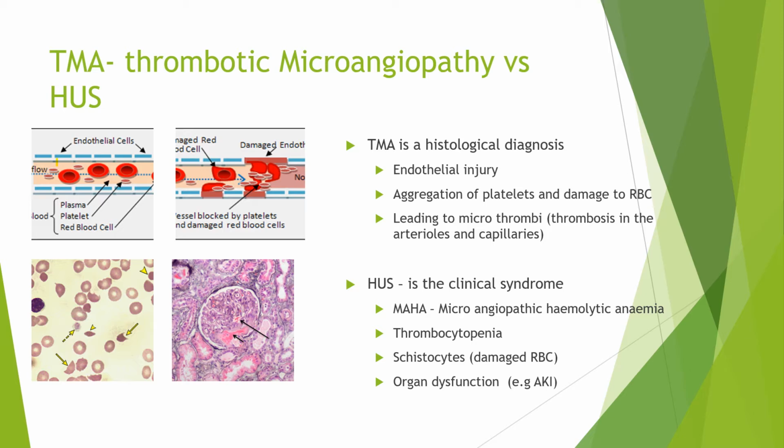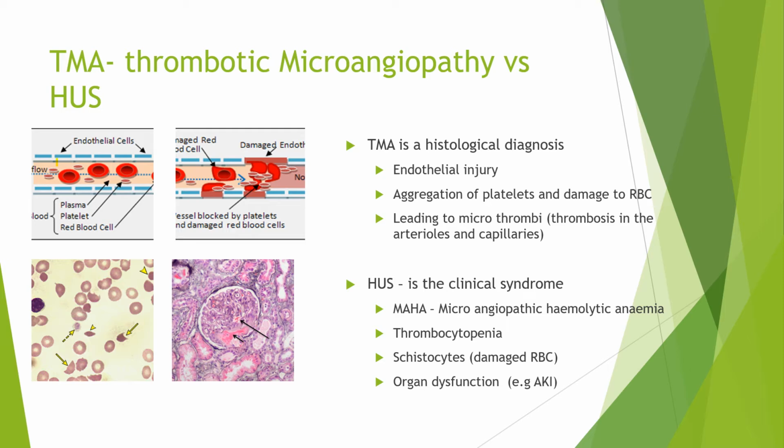On your right-hand side top, you can see a damaged endothelium. Because the endothelium is damaged, now the platelets start adhering to the sides of the endothelium, and the red blood cells, as you can see, are distorted or damaged. These damaged red blood cells are called schistocytes.